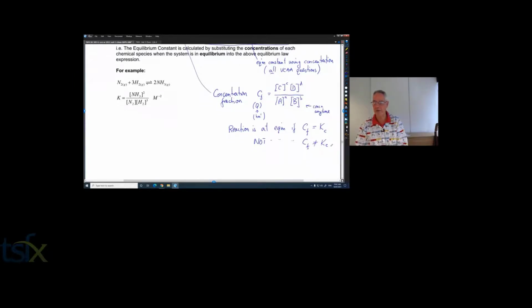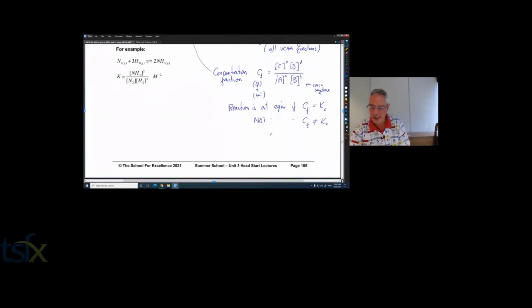And in fact, we're going to go further. If Cf is greater than Kc, you've done your calculation, you know what the K is meant to be, and it turns out that the Cf is greater than Kc. Well, clearly it's not equal to, so it's not at equilibrium, but what else can we say? Cf will try to get smaller.